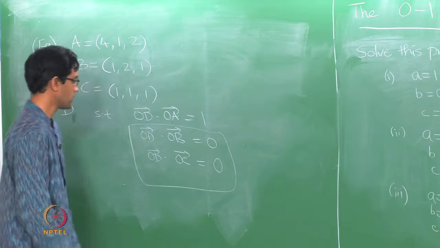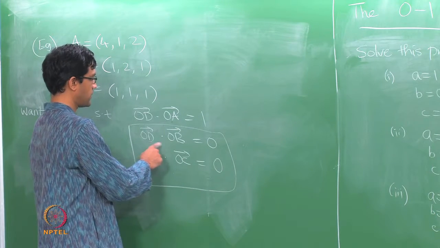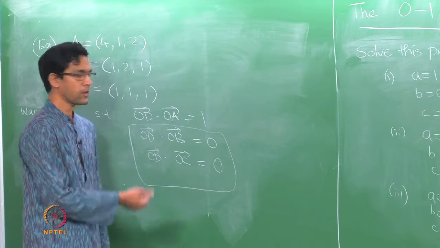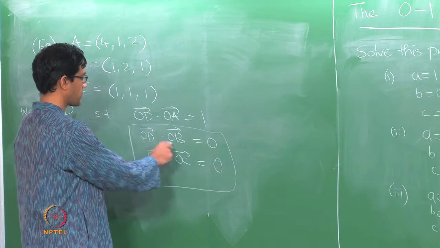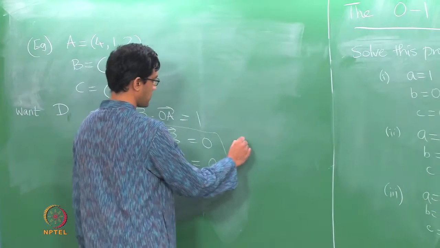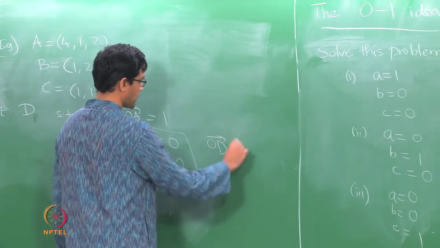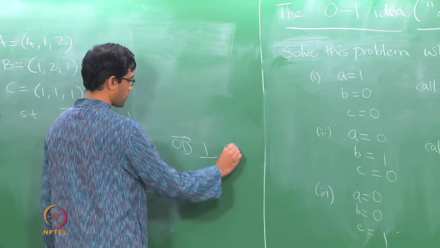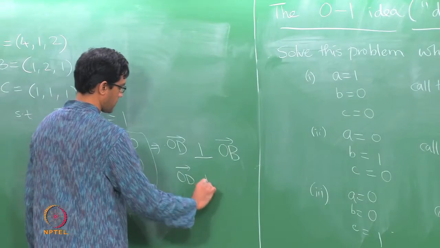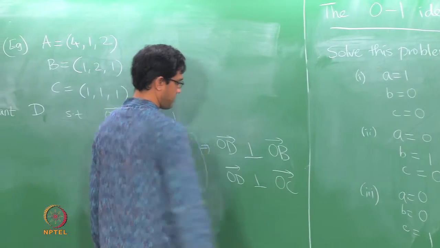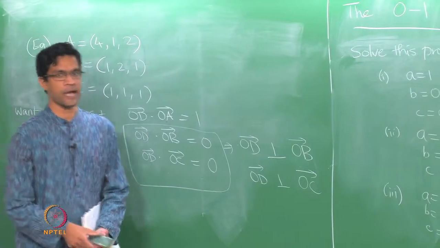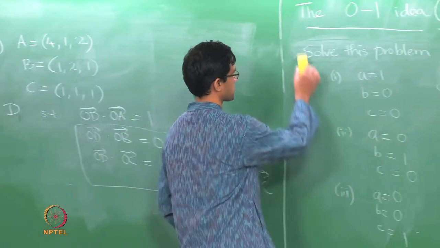Dot product 0 requires recalling what a dot product means: it means OD is orthogonal, or perpendicular, to the vector OB, and it is perpendicular to the vector OC. This is a property of the dot product: if it is 0, the angle between those two vectors is 90 degrees.